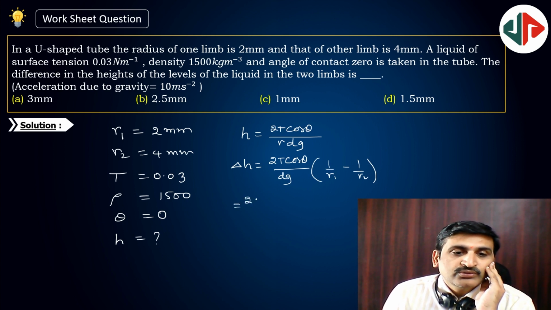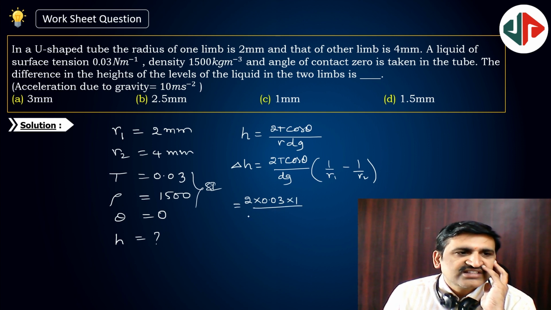So, 2 into 0.03, SI units only, that's why I didn't mention. Yes, whenever SI unit things are there, I don't want to mention SI units. And into cos 0 value 1 by rho g, rho, what is that? Any other liquid?